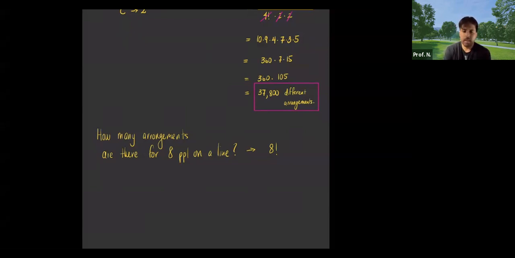It's a lot about the way the problem is worded, how it's presented, which influences what you have to do. So when you have repeated things, you divide. If there is no reason to deal with repeated objects of any sort, then you don't have to divide at all.